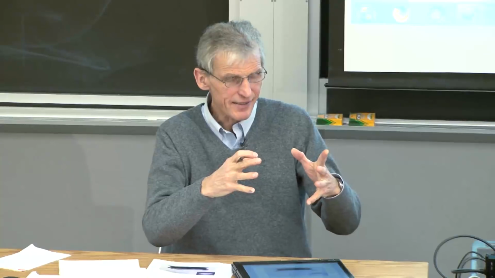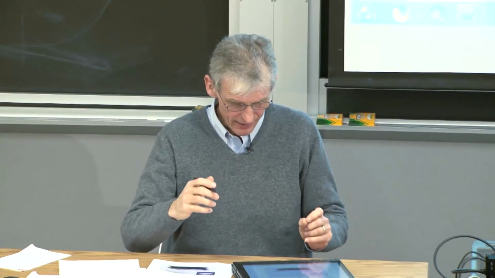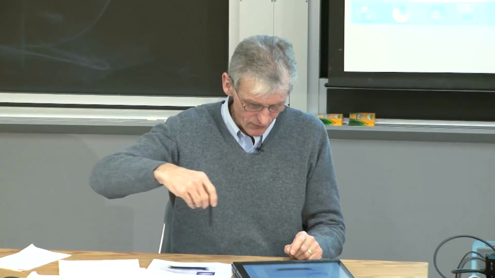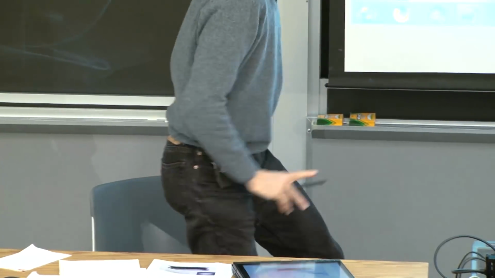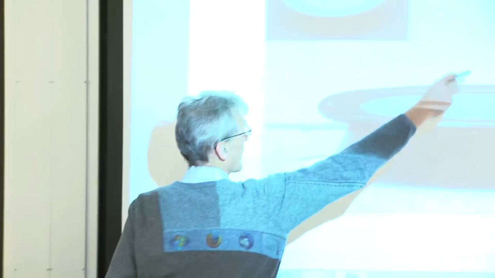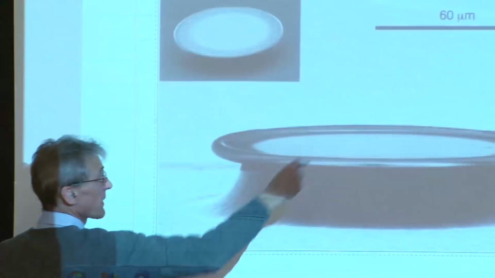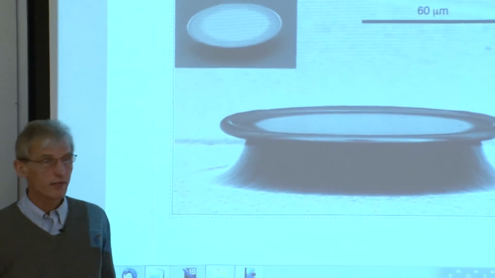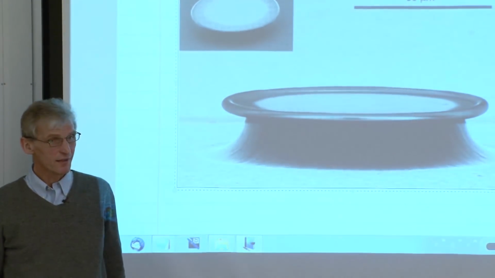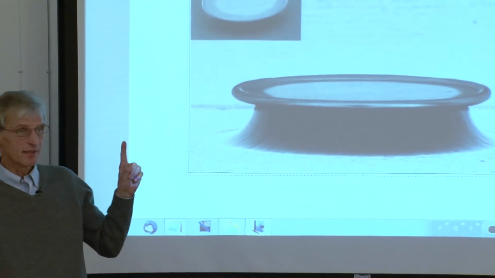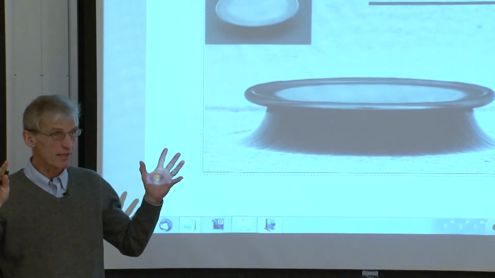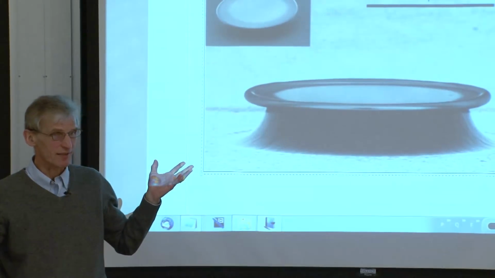It looks like a little mushroom. And what happens is this mushroom-type structure can confine light which travels around the perimeter as a so-called whispering gallery mode. It's similar to an acoustic mode which can travel in the dome of a big cathedral. That's how it was discovered.